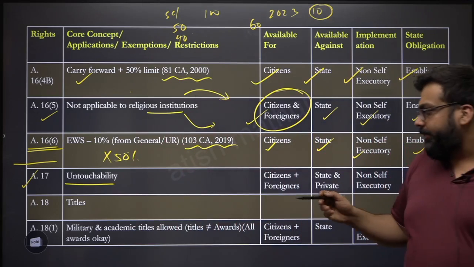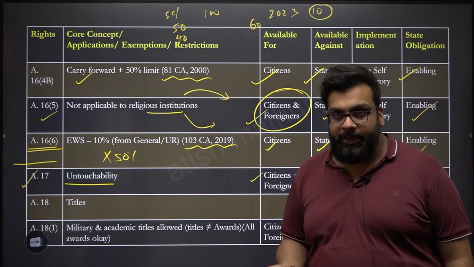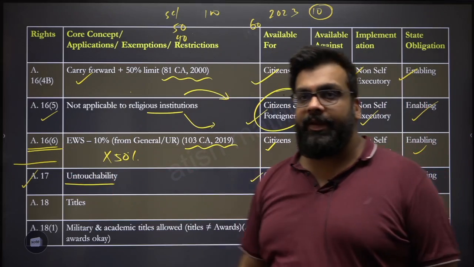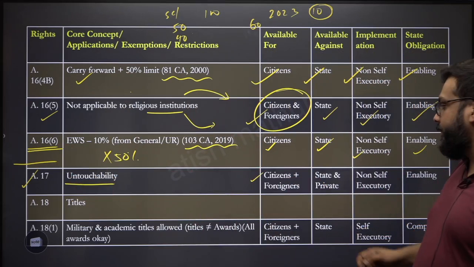So this is of course available against citizens and foreigners both, because the article does not mention citizens. If it does not mention citizens, you will assume it is available for everyone unless you have compelling reasons for it, and nobody can practice untouchability.